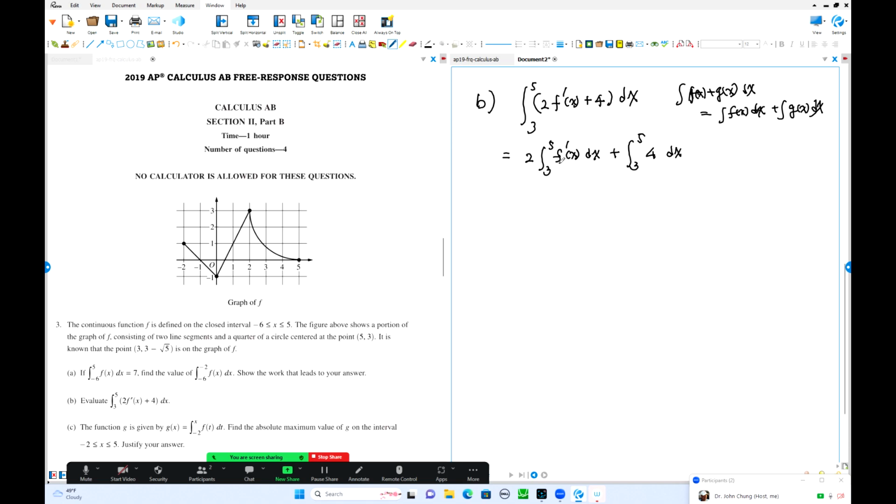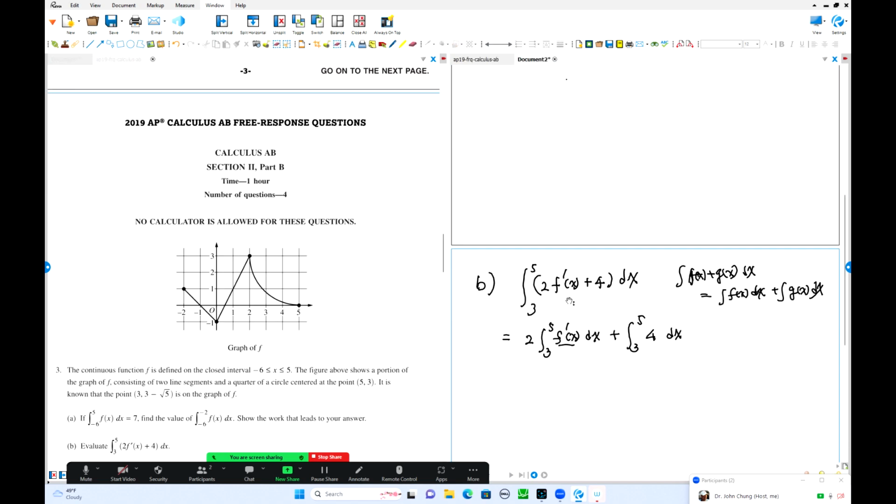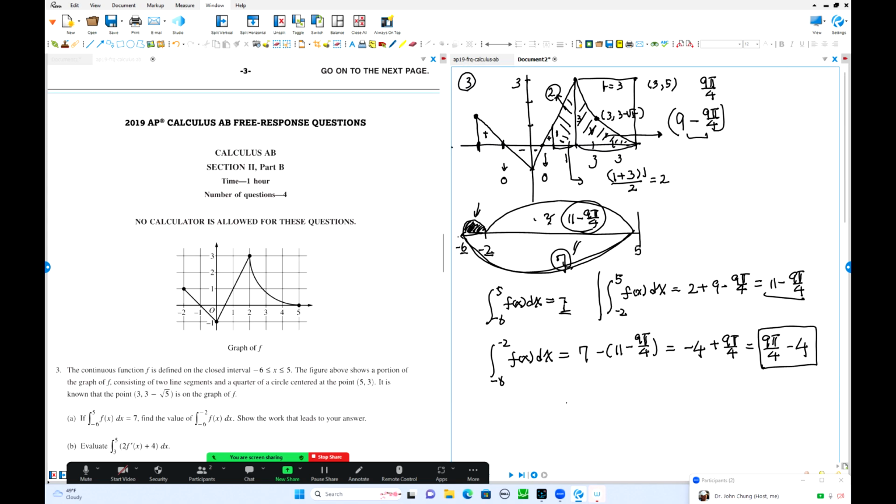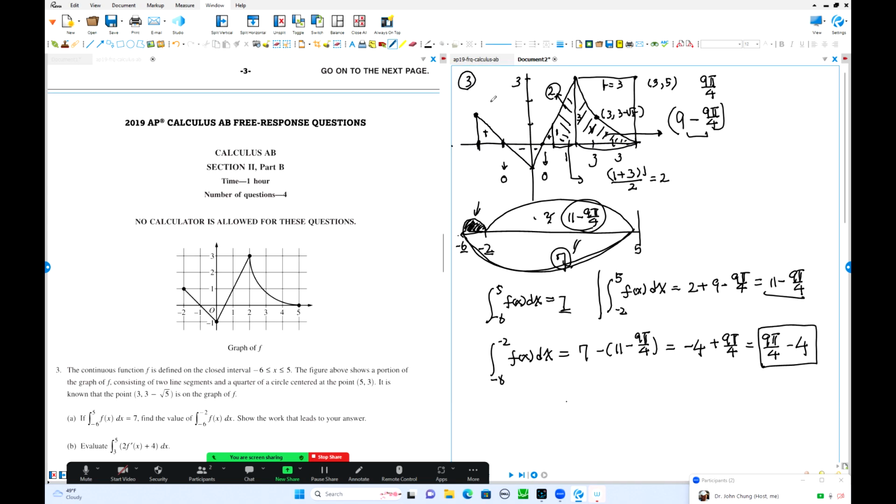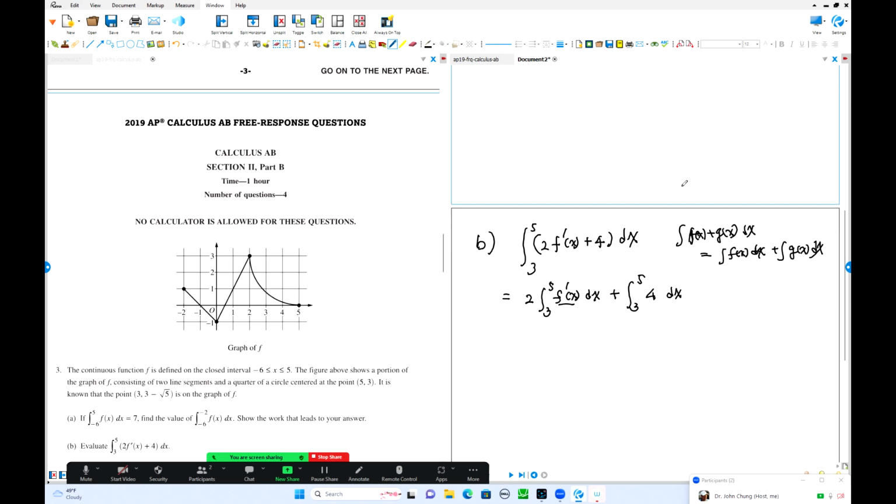Okay, the first one is this one. This is the antiderivative, f(x). We already have the graph of f(x) over here, the graph of y equals f(x). The antiderivative of f'(x) is still f(x).